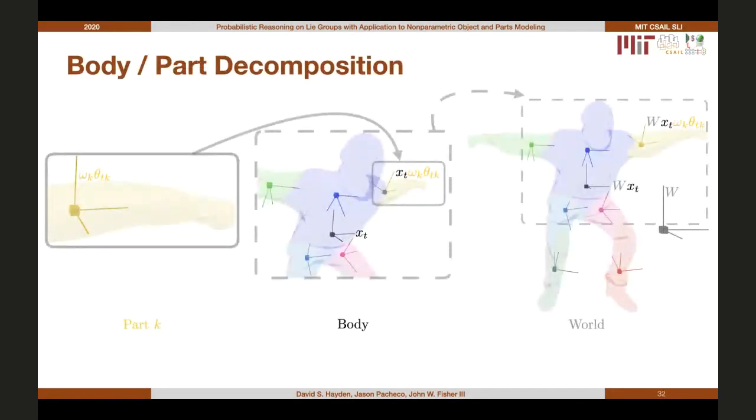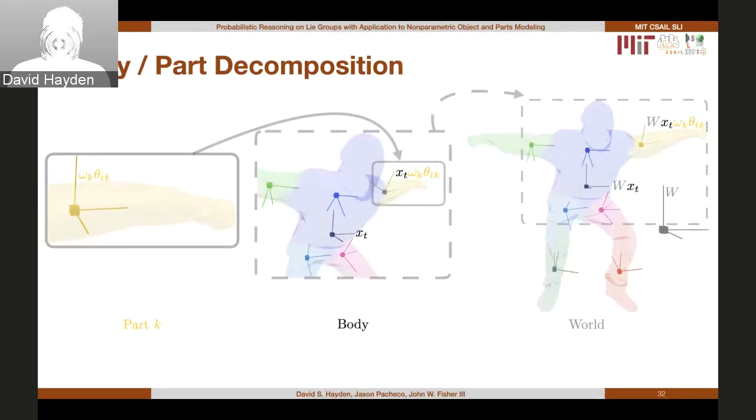Well, if we have this world coordinate frame in 3D on the far right, then we have some object that exists in that world coordinate frame with a body frame of reference xt, and around that xt it has some number of parts, and for instance, the yellow part, which is the left arm, has a canonical location omega 3 and then a per time transformation theta tk, or omega k and theta tk.